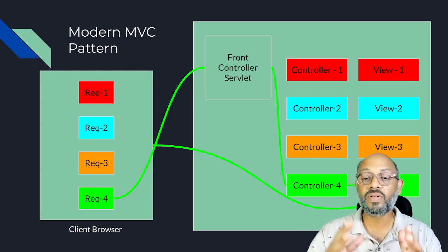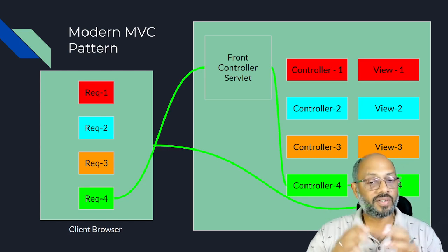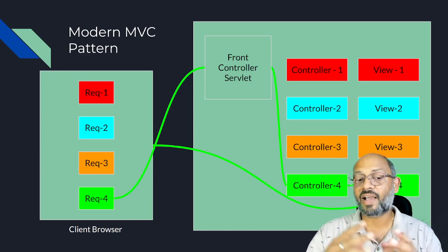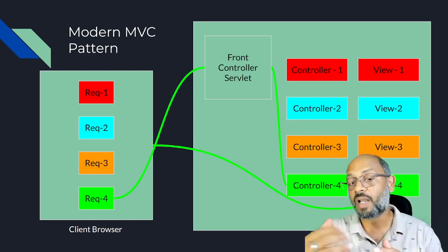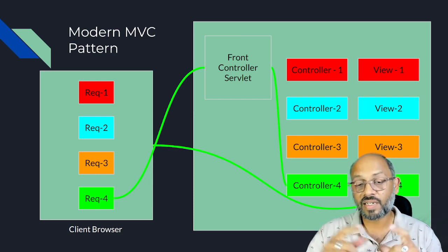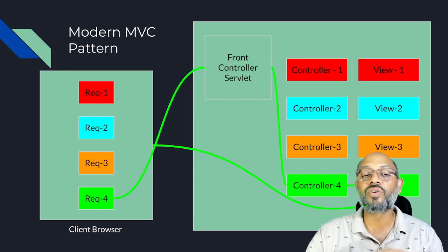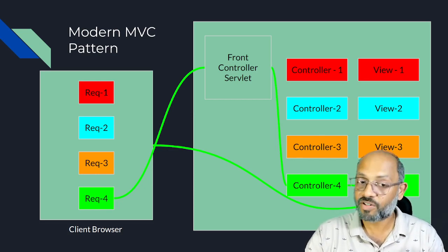They are plain old Java objects, POJOs. So here the total MVC is built with the help of simple POJO classes. That is the advantage of modern MVC that we are going to observe in Spring web-based MVC.